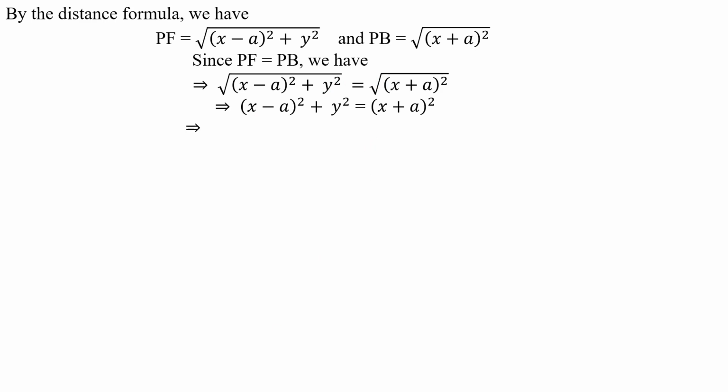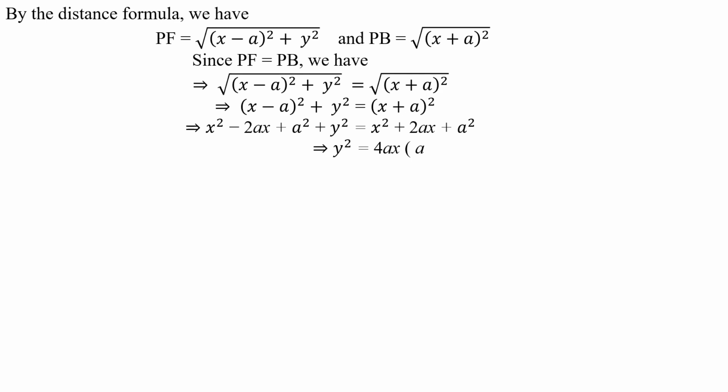This implies, in the LHS we apply the (a - b) whole square identity, so x² - 2ax + a² + y² is equal to, in the RHS we use the algebraic identity (a + b) whole square, so we get x² + 2ax + a². Understood this step?